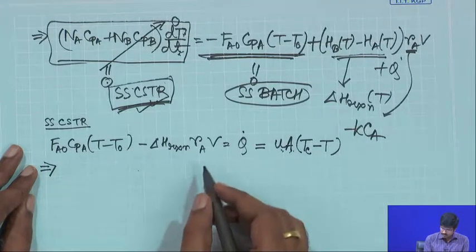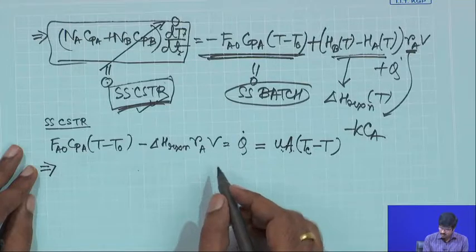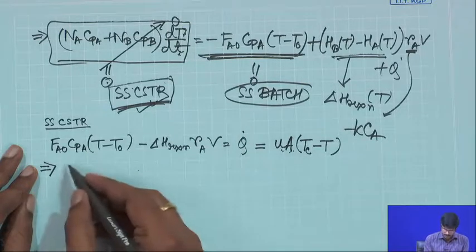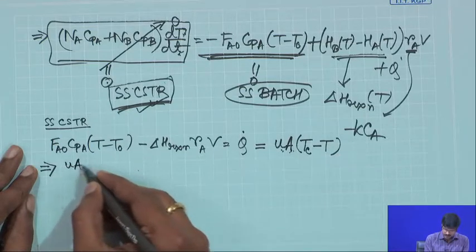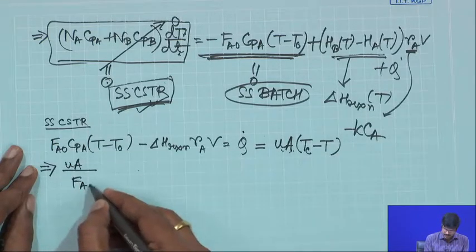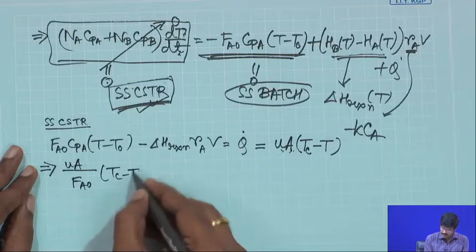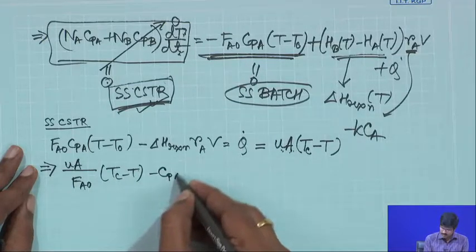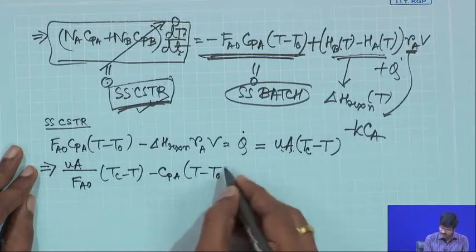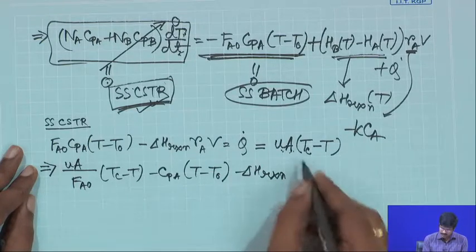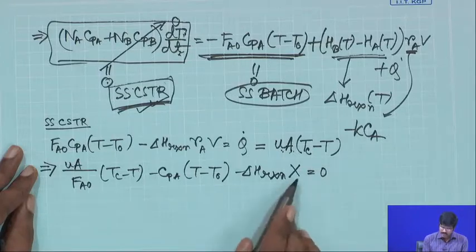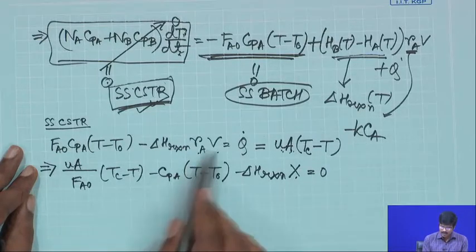Okay. So, now if you do a little bit of rearrangement, let me not skip any step. So, UA by Fa0 (Tc minus T) minus Cpa into (T minus T0) minus delta H reaction into X equals 0. This X is basically Ra into V divided by Fa0.